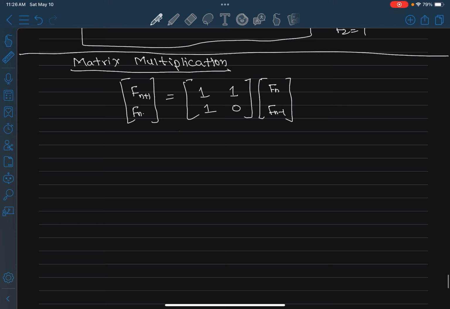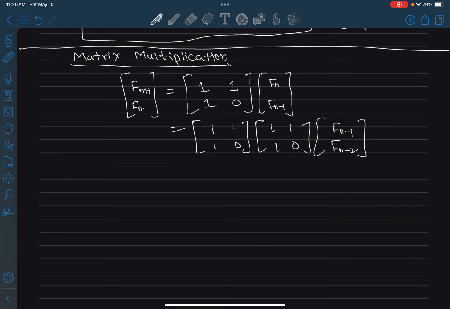Let me show you one step. I can write the vector f(n), f(n minus 1) with the same matrix times f(n minus 1), f(n minus 2), the same relation, right? Notice that I can continue this until the vector reaches f1, f0.